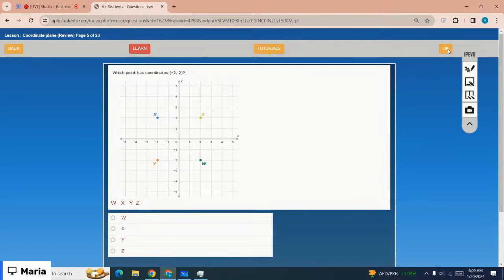Which is the correct option? Yes, the point X has the coordinate -2 and 2.